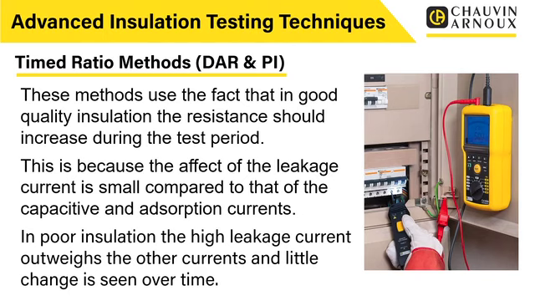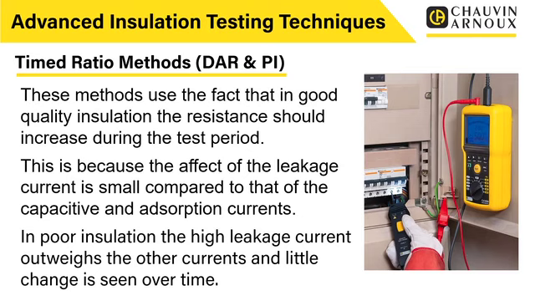So these tests rely on the fact we talked about this change in insulation resistance over time because of the charging and, as we'll look at later on, discharging rate of the changing current. So these methods use the fact that in good quality insulation, the resistance should increase during the test period.